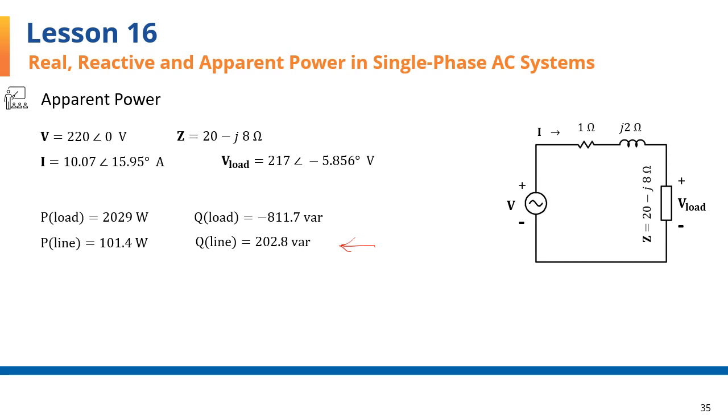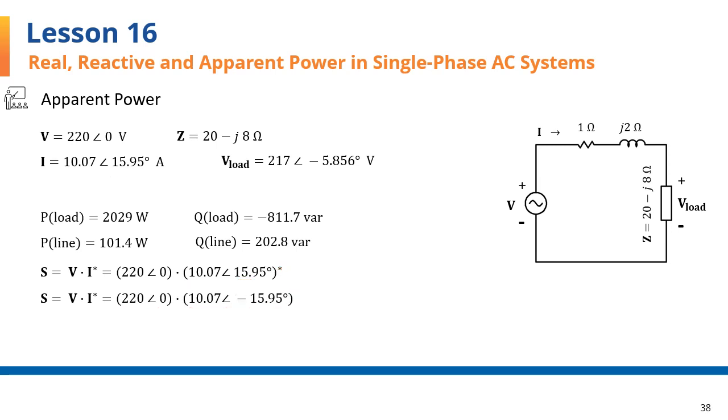I'll now calculate the source complex power. As I said, for the source complex power, we can only use this formula. And we have the V and the I as two phasors, seen here and here. Substituting, we have 220 at angle 0 times 10.7 at angle 15.95, conjugated right here. So here's the conjugate of current, here is the voltage of the source. The product comes to 2130 minus j608.8.